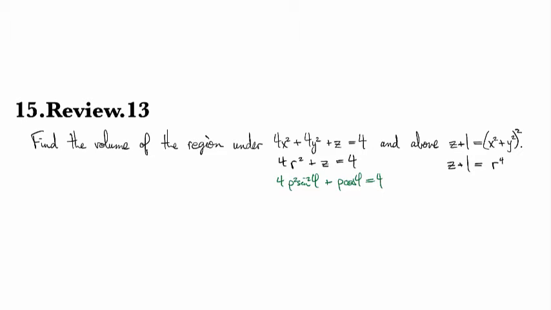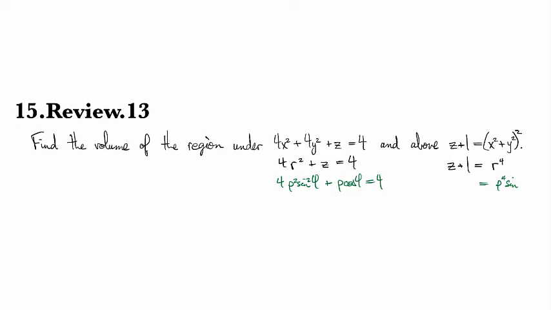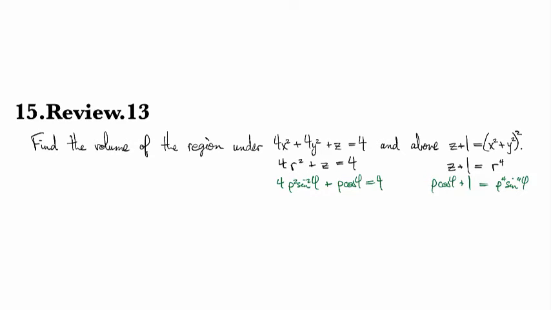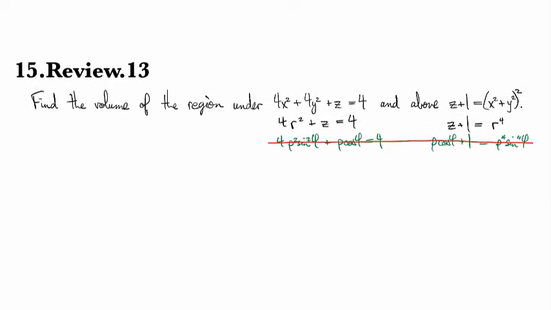On the right side, we're going to have rho to the 4th sine to the 4th phi, and rho cosine phi plus 1. And none of that looks pretty. Okay, so I'm just going to say let's not do spherical.